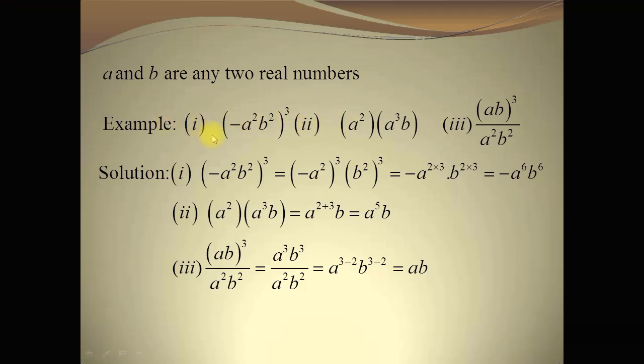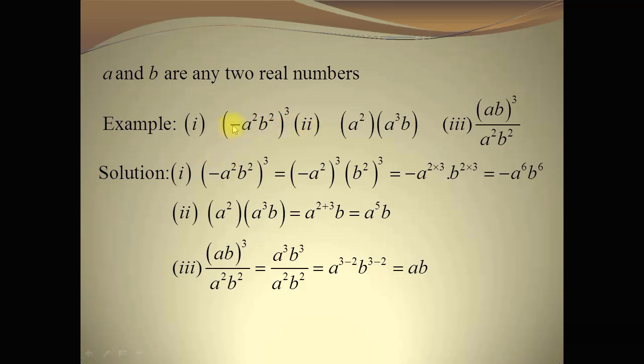The first part is minus a square b square whole power 3, the second part is a square into a power 3 b, and the third part is ab whole power 3 divided by a square into b square. How to simplify these expressions?